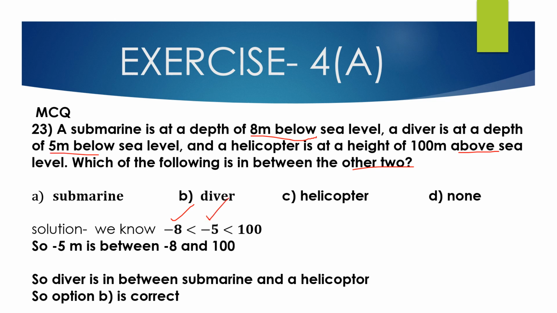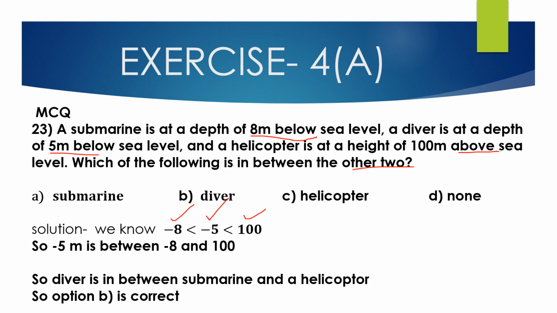And 100 meter above sea level will be represented by positive 100, since above sea level is positive. So minus 8, minus 5 and 100, these integers are given.